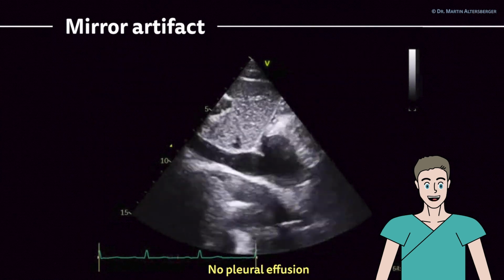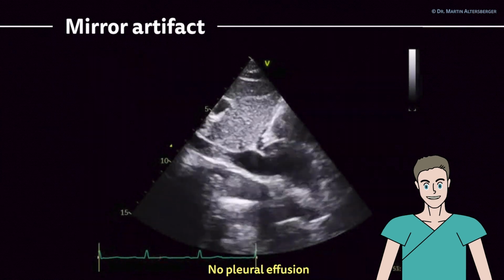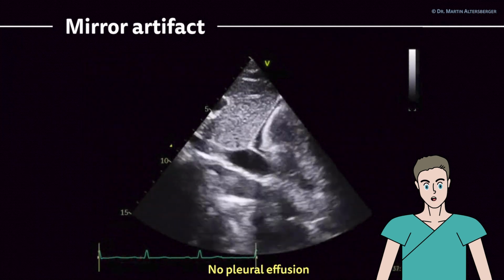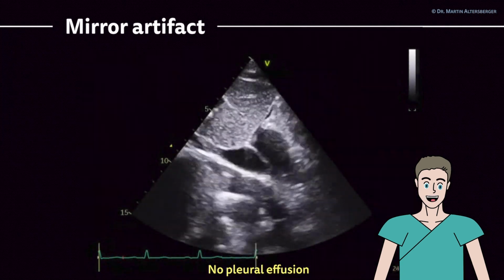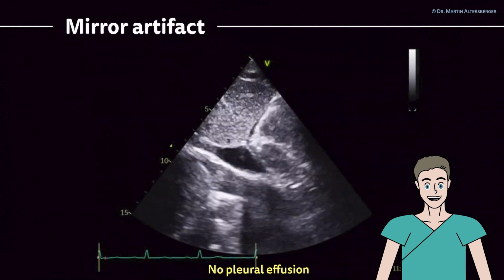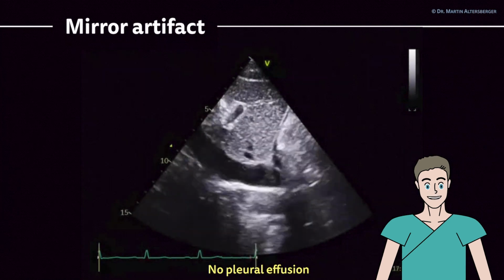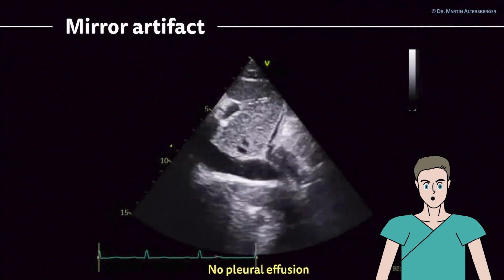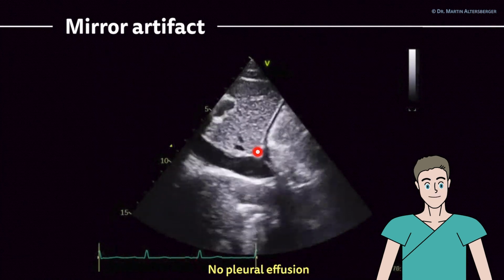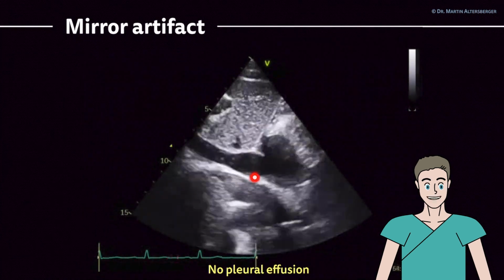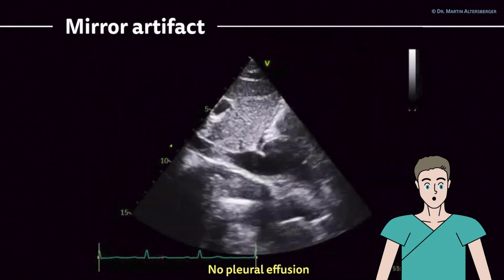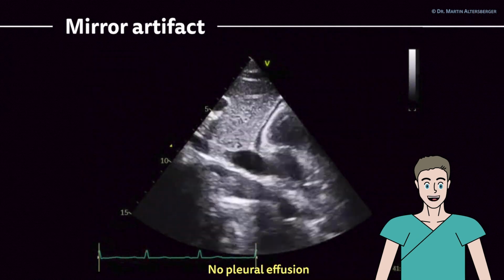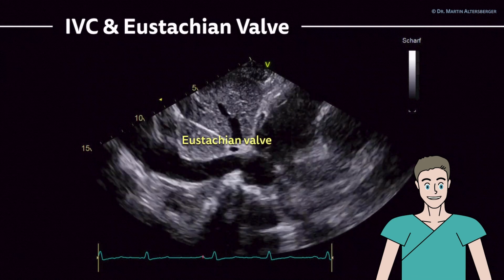So this is a mirror artifact. The pericardium, the lungs per se, so the pleural line and the diaphragm, can act as mirrors and create those artifacts where the machine simply thinks that the structures from the scanning above this highly reflective zone continue into the depth as well. But this is not pathological, it's simply an artifact.